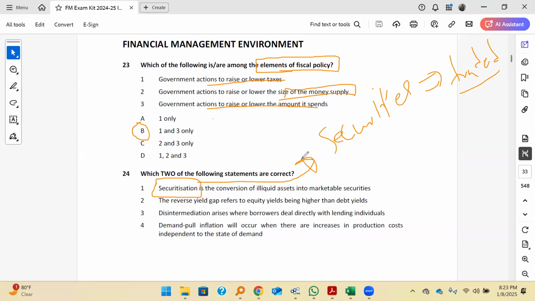So when I say securitization, it means how can I make things that were not traded become traded? For example, when you look at the 2008 crisis, they did this. People used to get mortgages, and mortgages never used to be traded. The bank would just have a mortgage and you keep paying it.